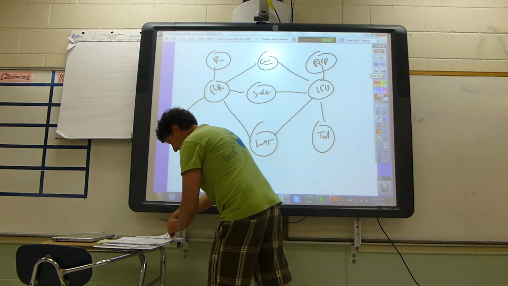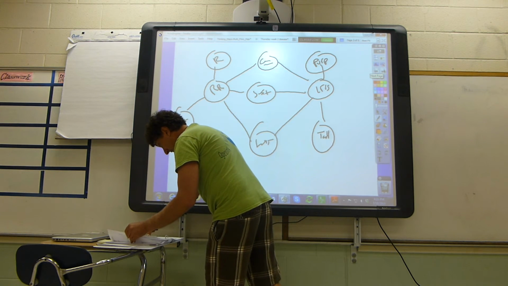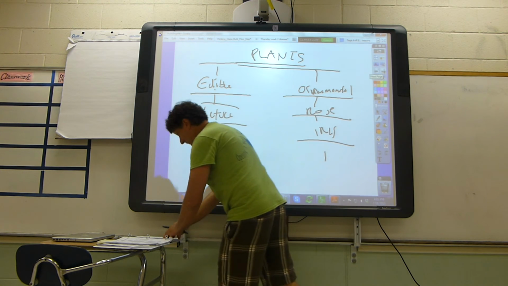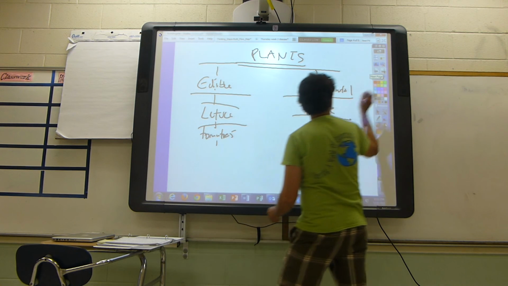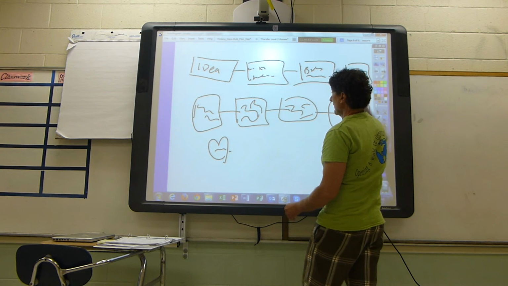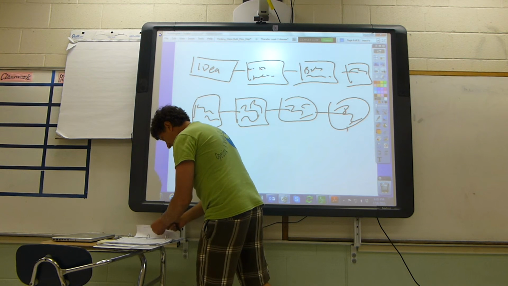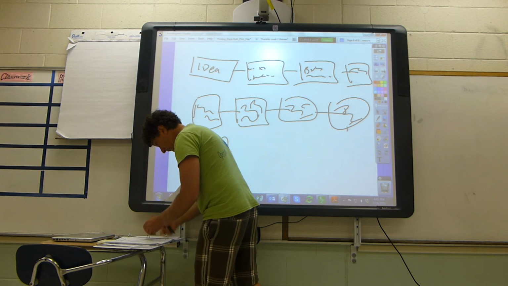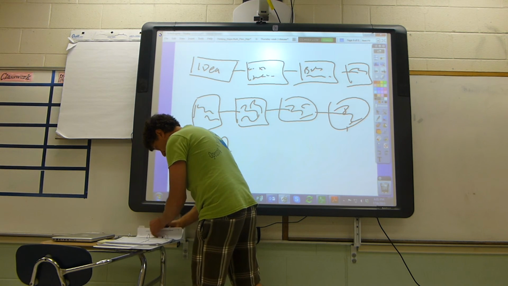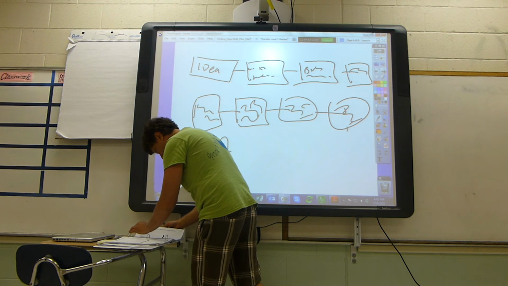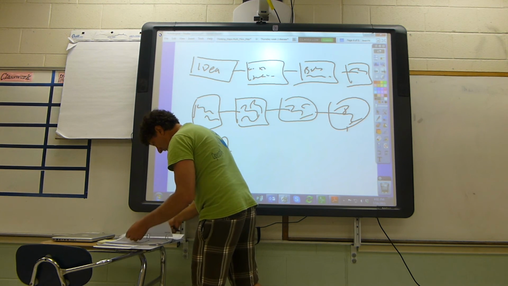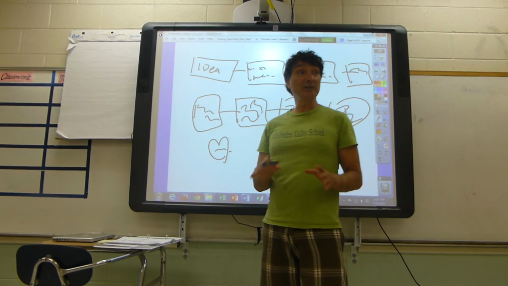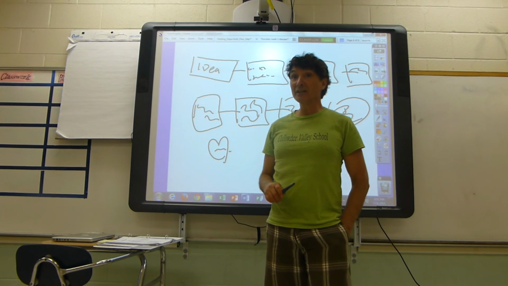What's that map called? Double bubble map, of course it is. Double bubble map, and then a tree map. And then we used a brace map. And then finally we used a flow chart, and that is called a flow map.